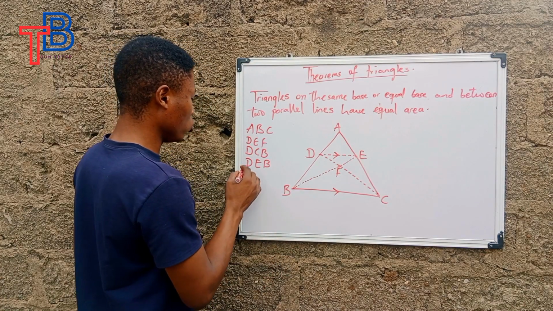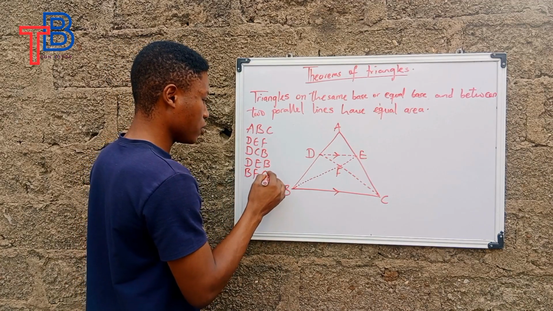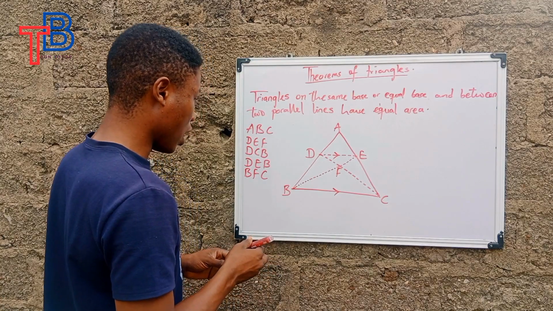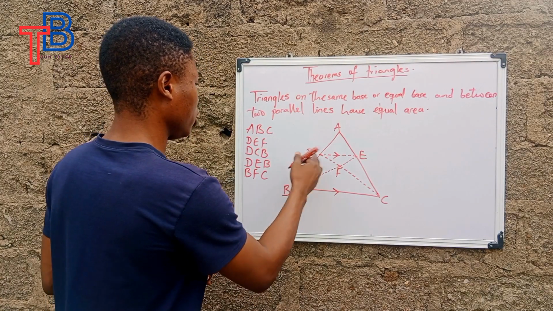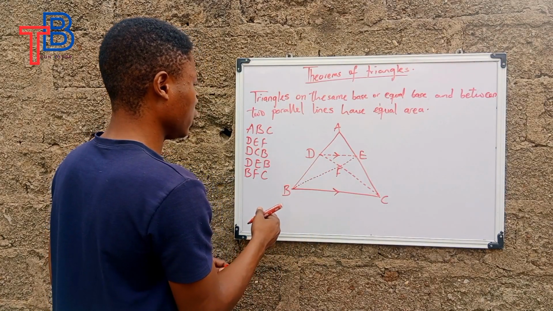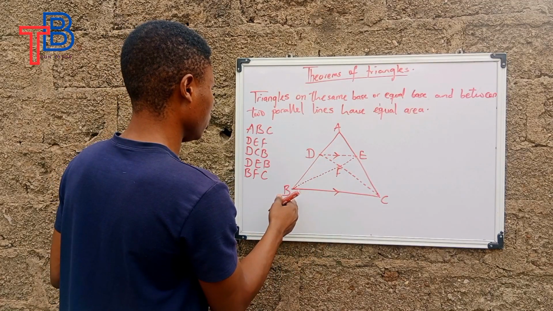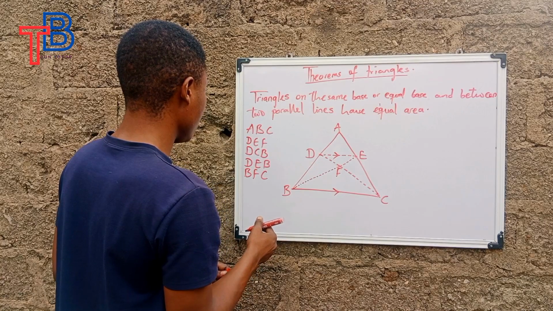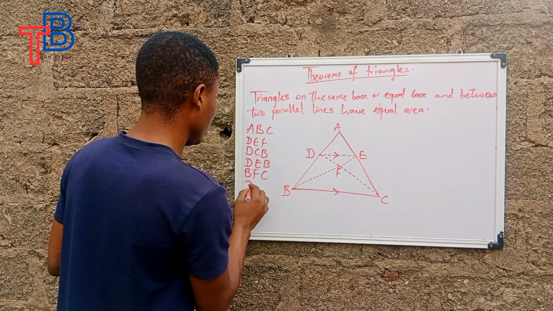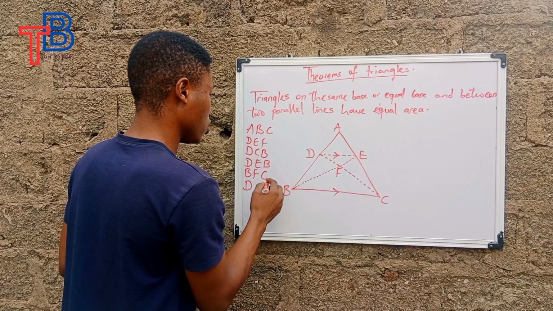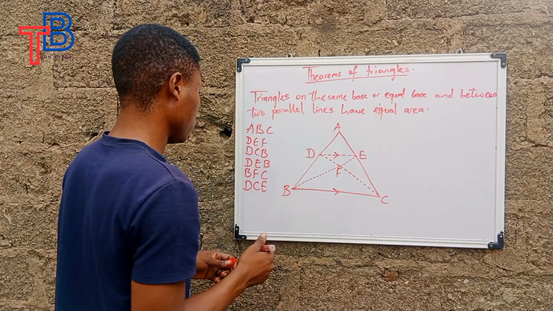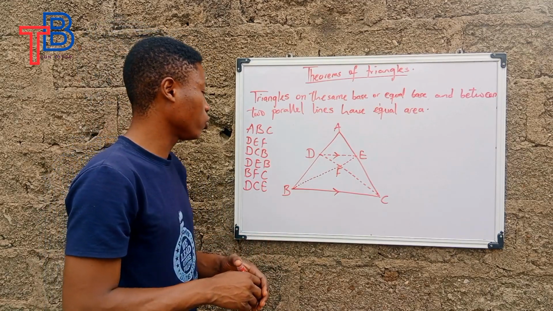And we have triangle BFC. Which other triangle do we have there? We have DEB. We've gotten that. We have DCB. Do we have DCE? We have DCE also there. Those are the triangles that we have.